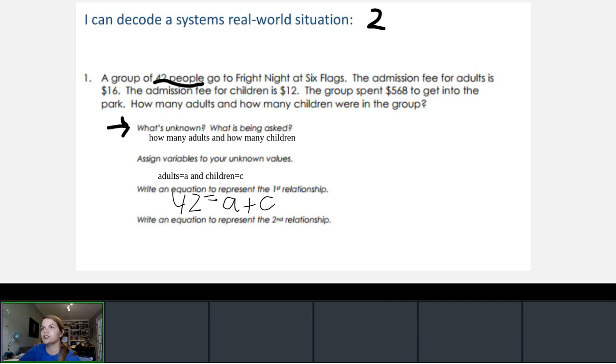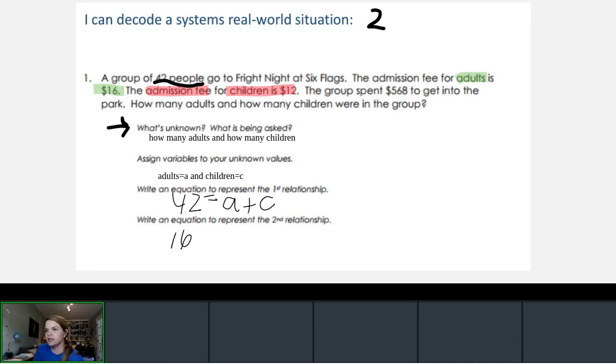The second relationship has to deal with the cost. So if you're an adult, it's $16 to get in. If you're a child, it's $12. So let's attach those prices to our variables. So adults is $16.